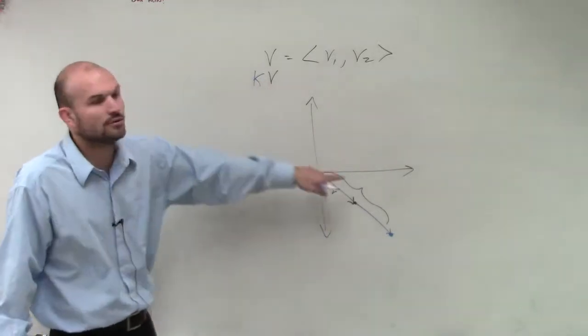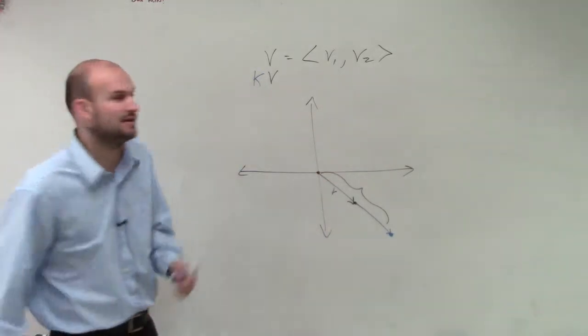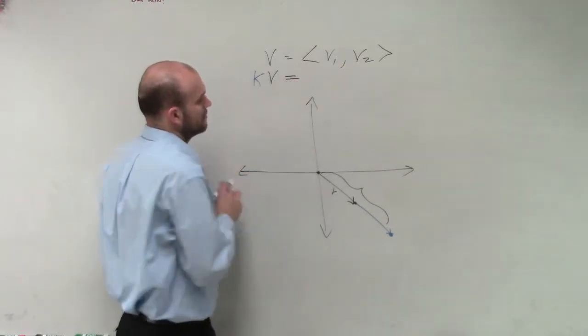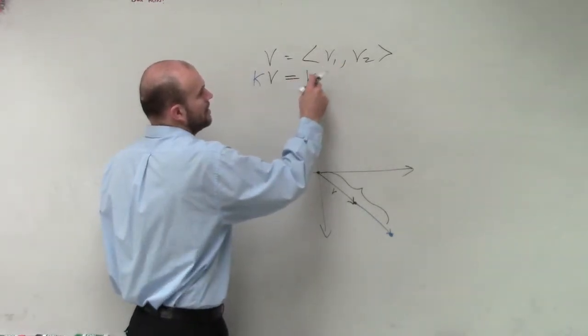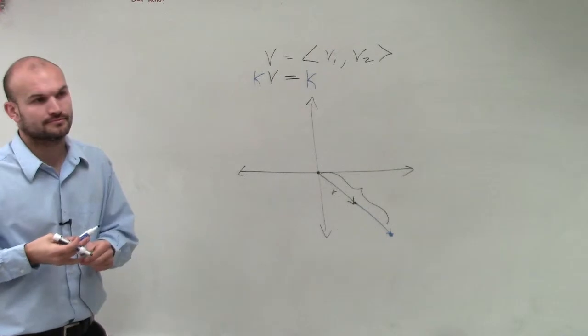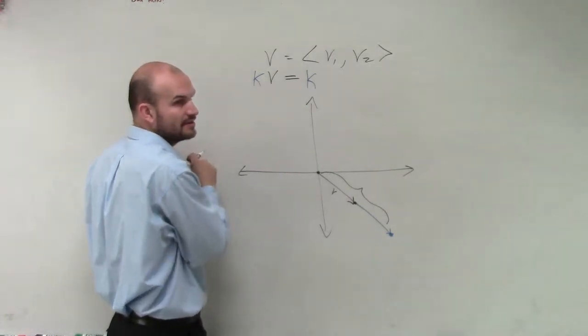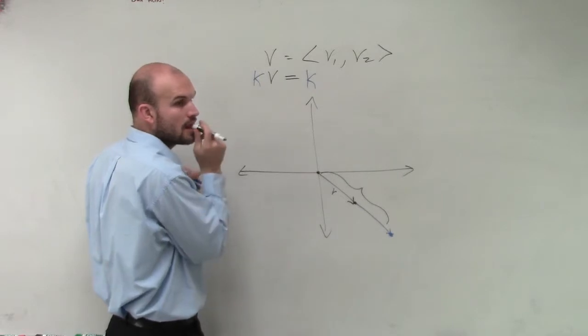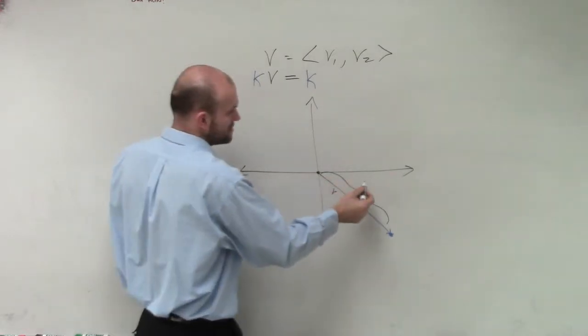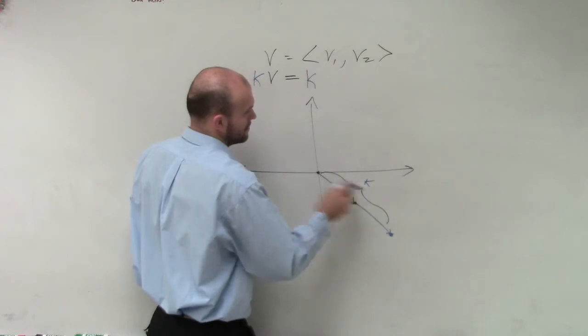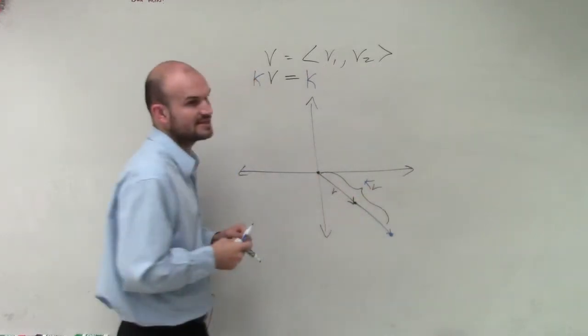So how do we know what the new points are if I use a scalar? Where is k represented? It's not v and then k, it's k times v. The line I'm talking about is not k, this is kv.